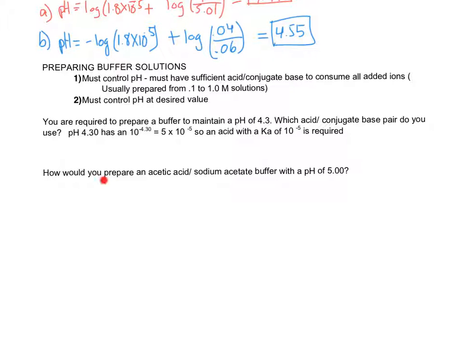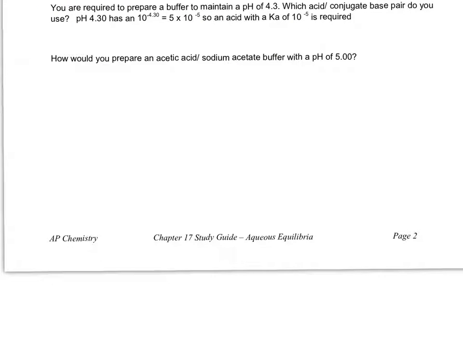This one says, how would you prepare a buffer that's made of acetic acid and sodium acetate that will hold your pH at 5.00? So, let's try to think about this. I know that I'm going to use acetic acid and sodium acetate.